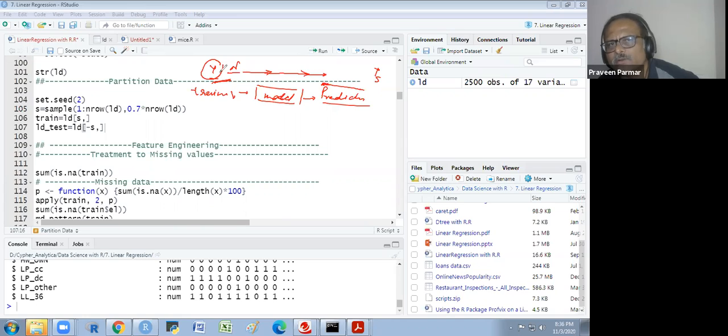If it gives very good accuracy on this, it may sometimes be called overfitted. Suppose it gives me 90% accuracy, then it is overfitted for me.